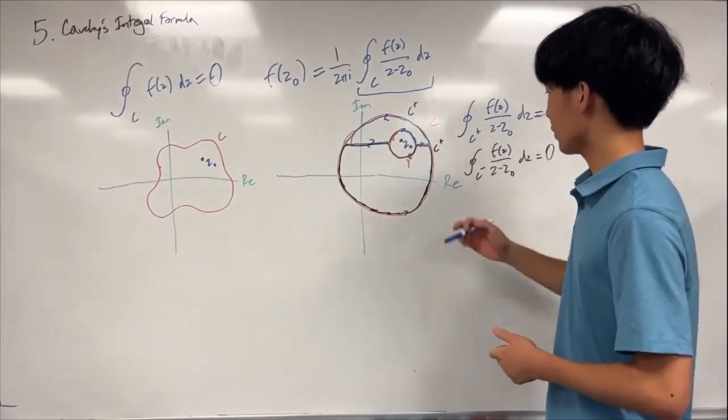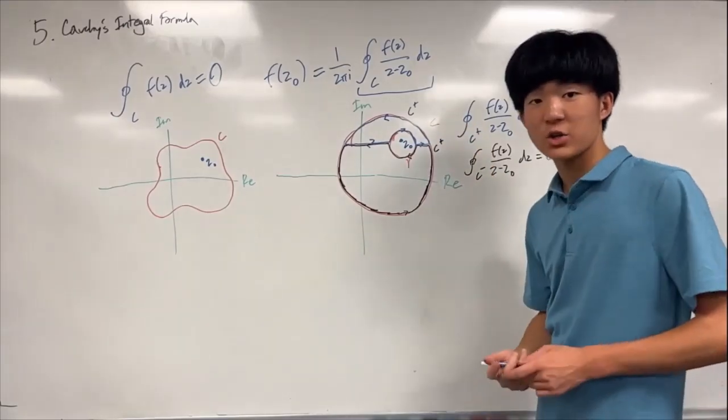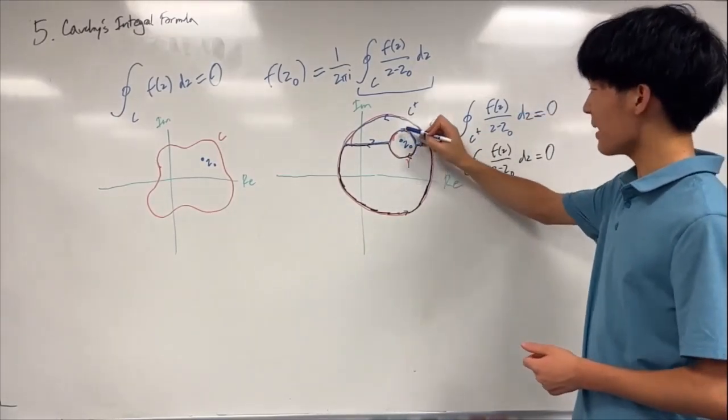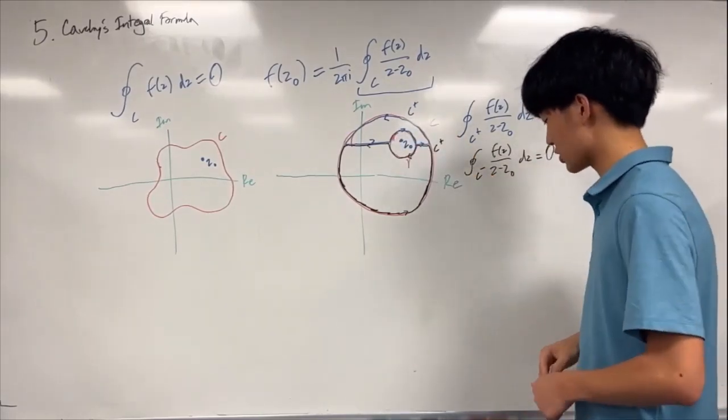So then we're left with the integral over C in a counterclockwise direction, which by convention is positive, again, and then the integral over gamma, which is traversed in the opposite direction, and so is negative by convention.